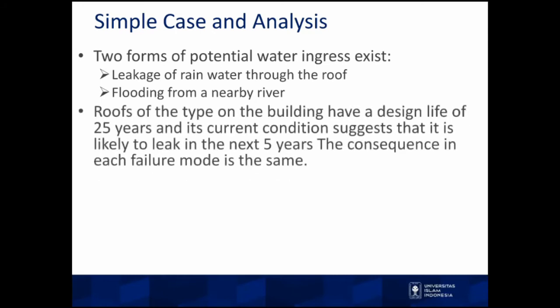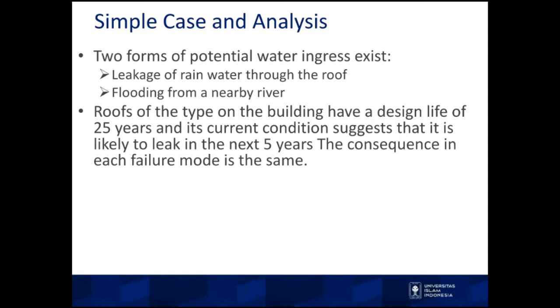The manager tries to collect more information to reduce the uncertainty about the likelihood. The roof on top of the building has a design life of approximately 25 years, and its current condition suggests that it is likely to leak in the next 5 years.